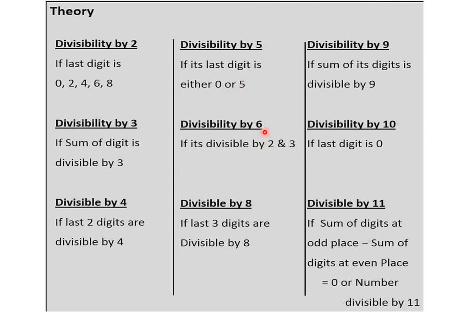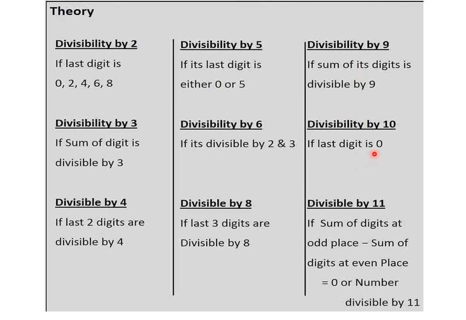For 6, if the given number is divisible by both 2 and 3, it is obviously going to be divisible by 6. Divisibility test by 8, the last 3 digits must be divisible by 8. Divisibility test by 9, if the sum of its digits is divisible by 9, then the whole number is also divisible by 9.